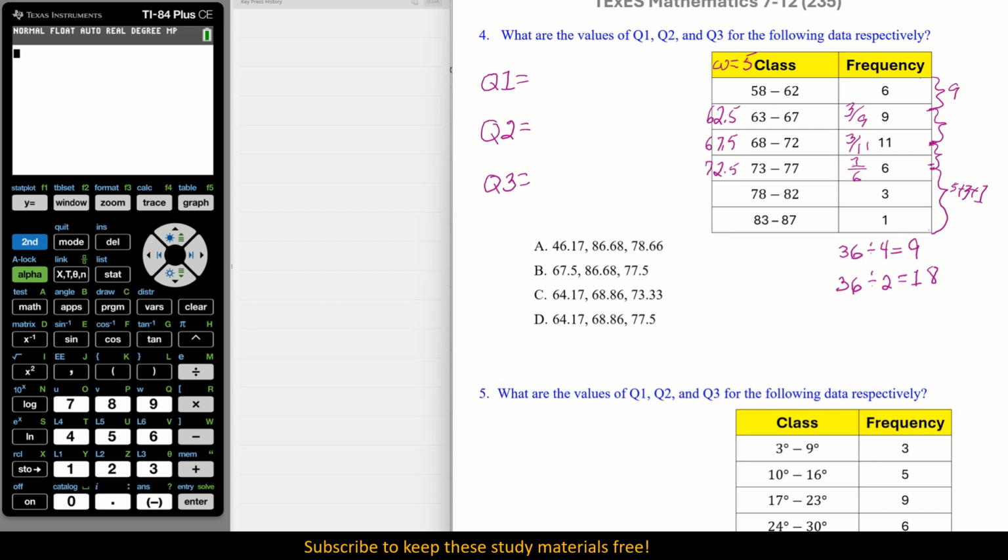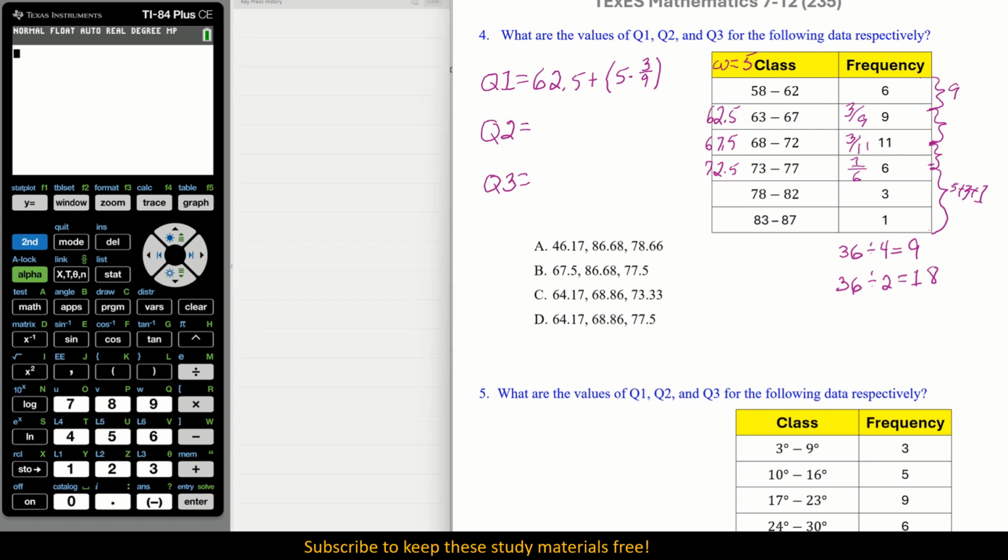Okay, so let's put this together to make 3 equations to solve this. We start with the lower limit, L, 62.5 plus the width, 5 times 3 out of 9. I don't bother simplifying because we're just going to put that in our calculator.